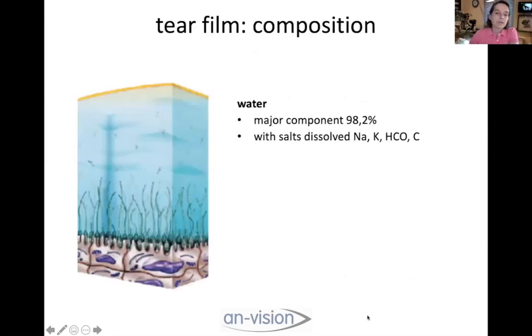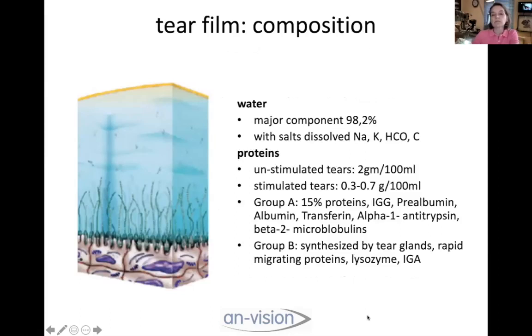That's 98%, it's only water, and salts are dissolved within that water, and some proteins as well. And if you watch the protein content of unstimulated tears, it's like 2 grams per 100 mLs.